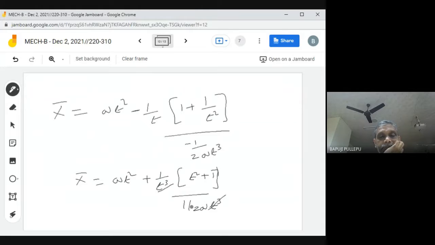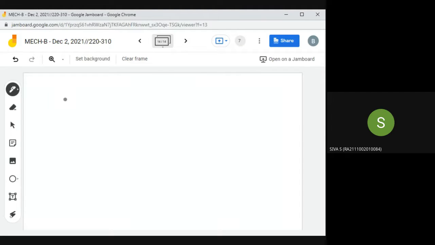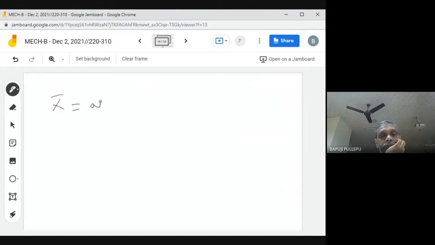Any doubt? Now the whole equation becomes what? a t square plus 2a into t square plus 1. Are you agree? X bar is equal to a t square plus 2a into what?